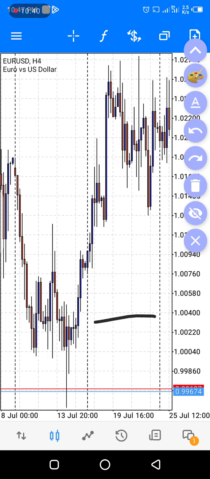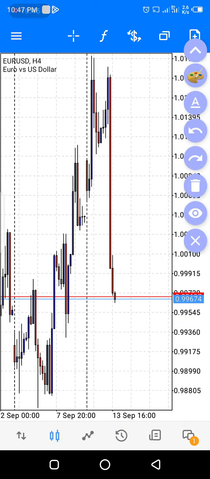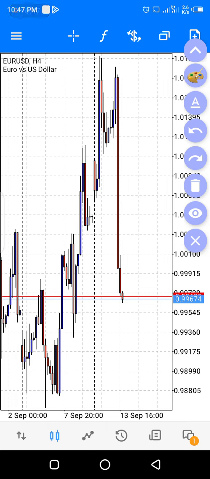During market structure, we always tend to see what the market is doing before we act. We wait and observe, using just higher highs and higher lows for an uptrend, and lower highs and lower lows for a downtrend.